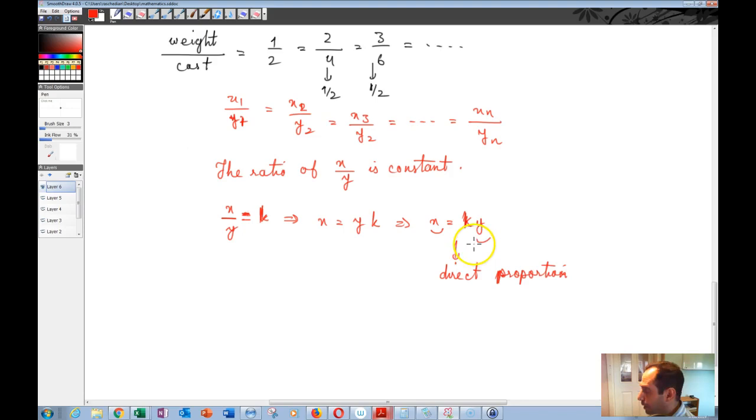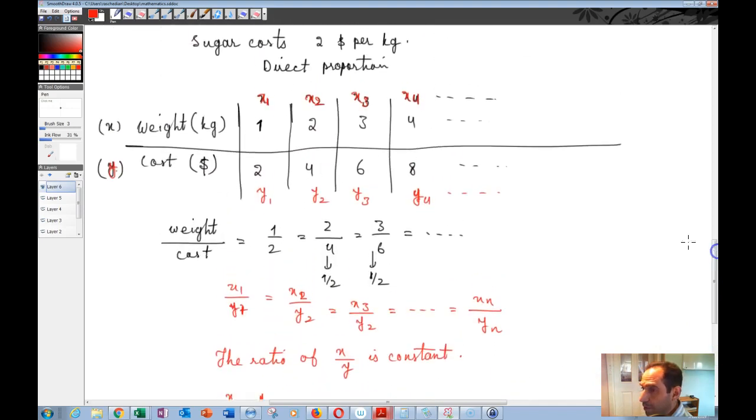Okay, and one thing which is interesting here is that if you multiply this entry, for example, by 2, you are multiplying this x1. If you write x1 times 2 is equal to x2, then the same relationship exists between y1 and y2.